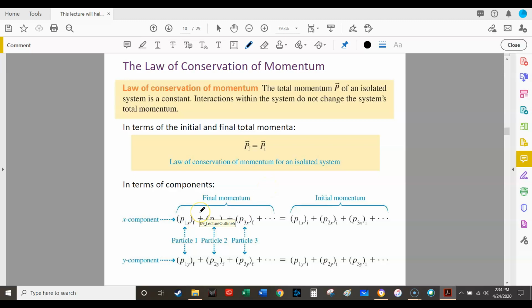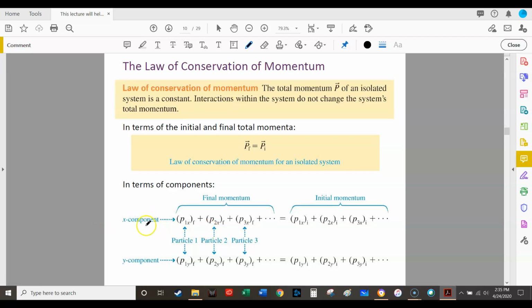So essentially, if you have 1, 2, 3 different objects, the sum of all of their initial momentums before a collision should be equal to the sum of the momentums after the collision. Later on we're going to get into two-dimensional momentum problems, right?